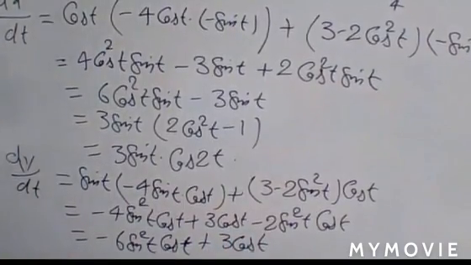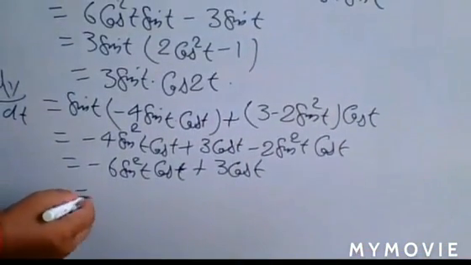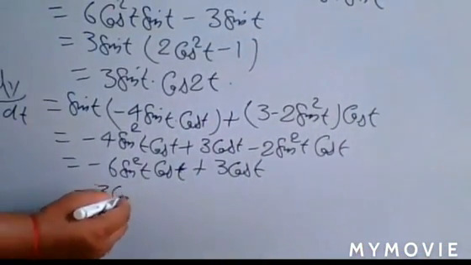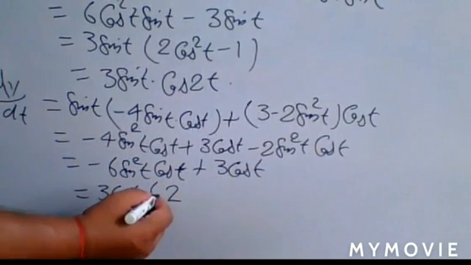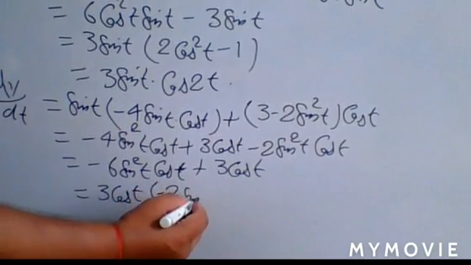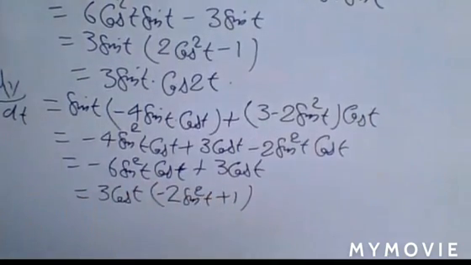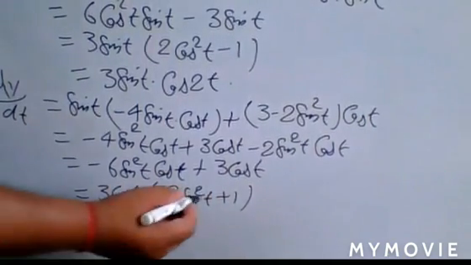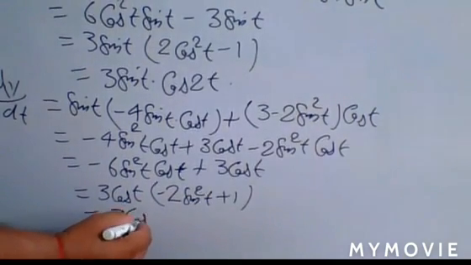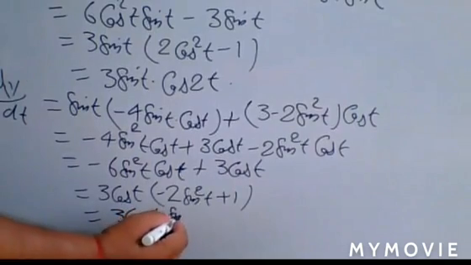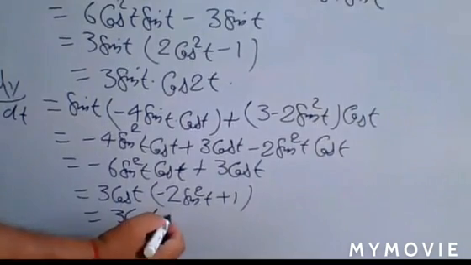Now taking 3 cos t common, you have minus 2 sin square t plus 1, and you know 1 minus 2 sin square t is equal to cos 2t. So that is written as 3 cos t into cos 2t.